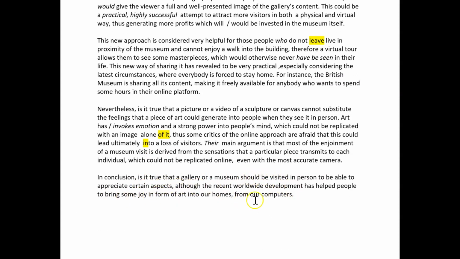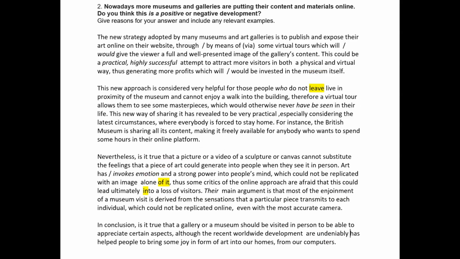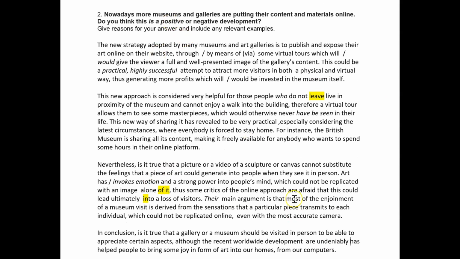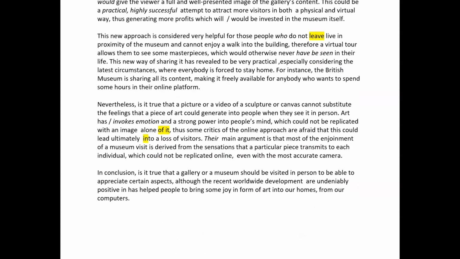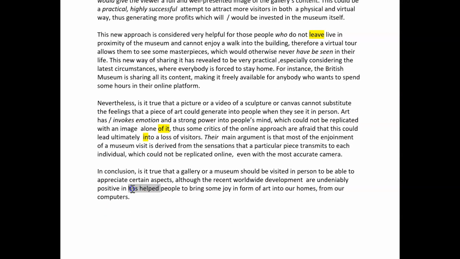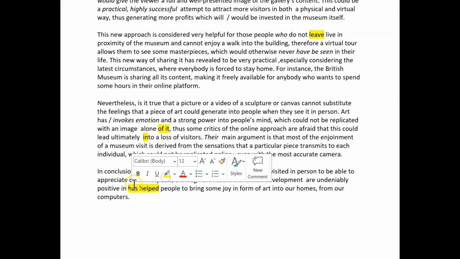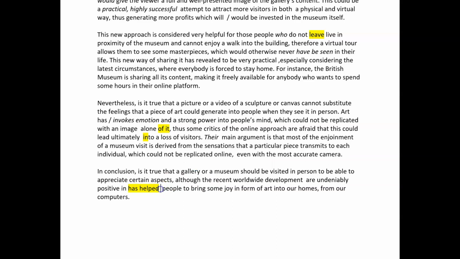In conclusion, it's true that it should be visited in person to be able to, although recent developments are undeniably positive. So I'm just going to go back to this bit up here. Positive in having, or just in helping. Let's get an ing in there. In helping people. So has helped is fine in your sentence, but you could just modify in helping and then to bring people some joy.